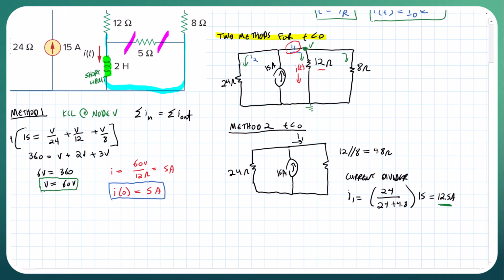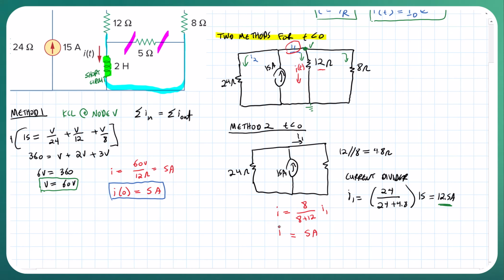So I is equal to 8 ohms over 8 plus 12 ohms, all that times I1, which is 12.5, and if we solve for that, we're going to get 5 amps.